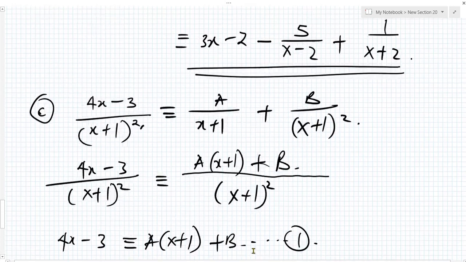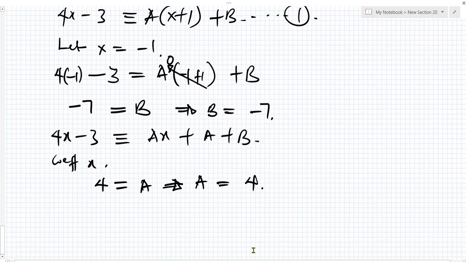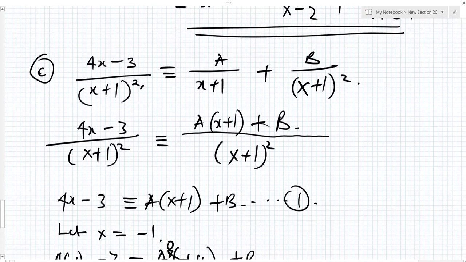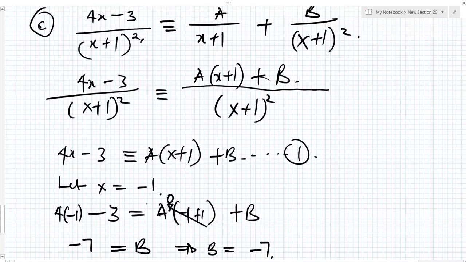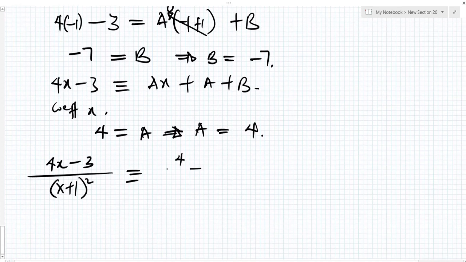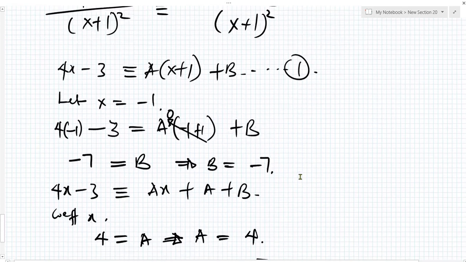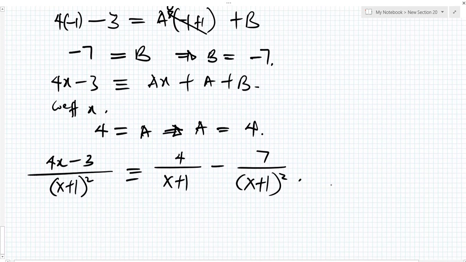Now let's write the partial fraction of this question, which is 4x minus 3 divided by x plus 1 all squared, will be equivalent to 4 all over x plus 1 minus 7 all over x plus 1 all squared. So this is the final answer for this.